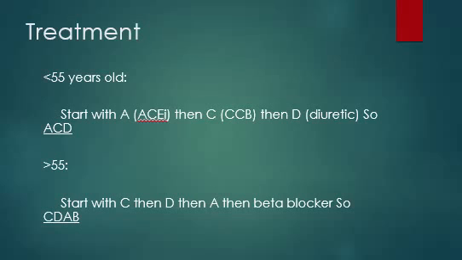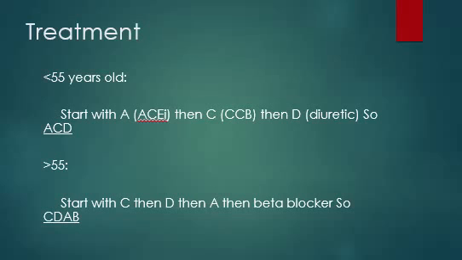Because that works via the renin system, in people that are more than 55, the levels of renin in their kidneys, I think I'm right in saying this, is lower. So the drugs like ACE inhibitors won't have such an effect on those patients. So you start off on a slightly different regimen.